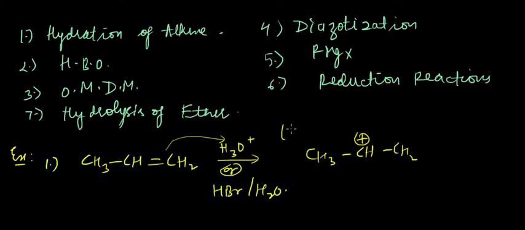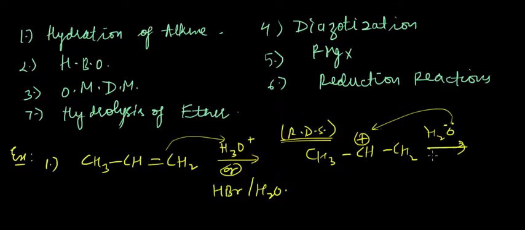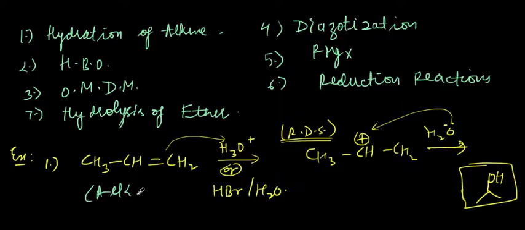This would obviously be the rate-determining step. And then afterwards a water molecule will be attacking on the carbocation, and as a result alcohols would be formed. So what did we use? We used alkenes, and what actually formed? Alcohol.